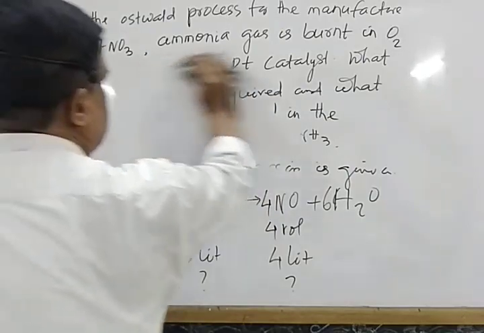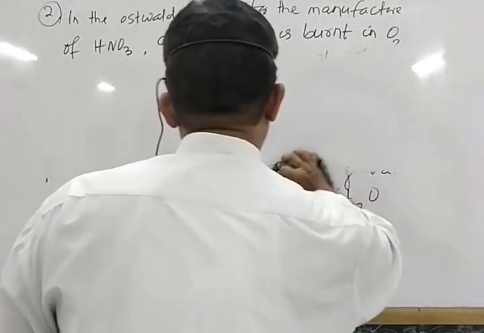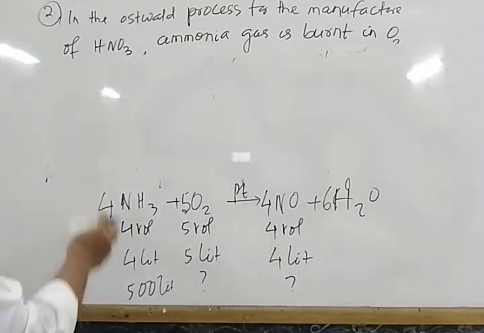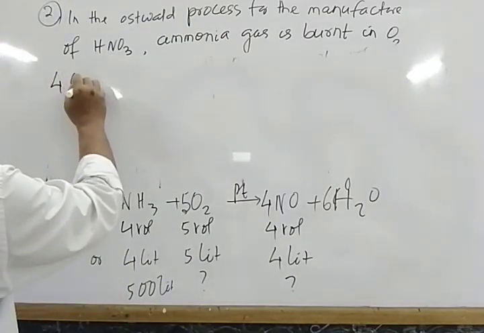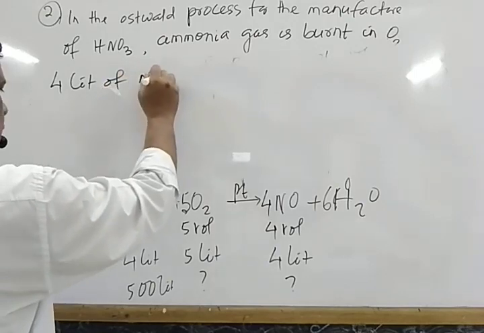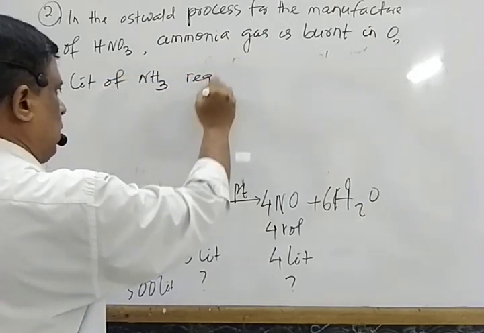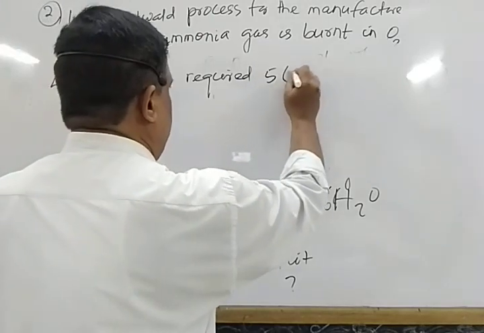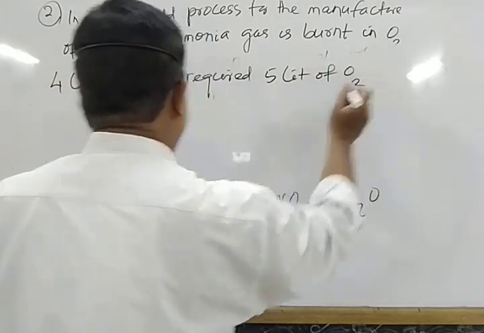From this equation it is clear that 4 liter of ammonia requires 5 liter of oxygen.